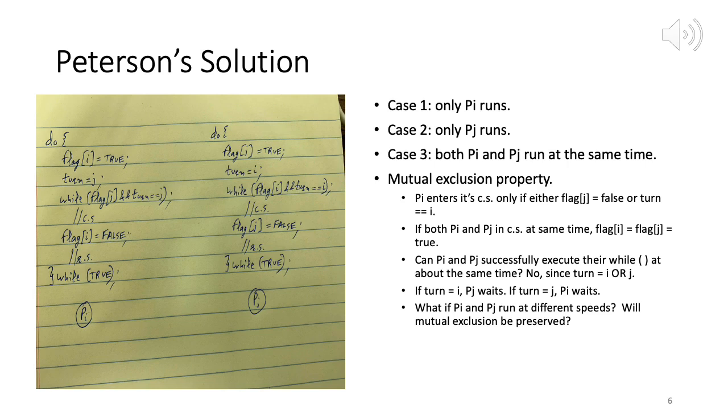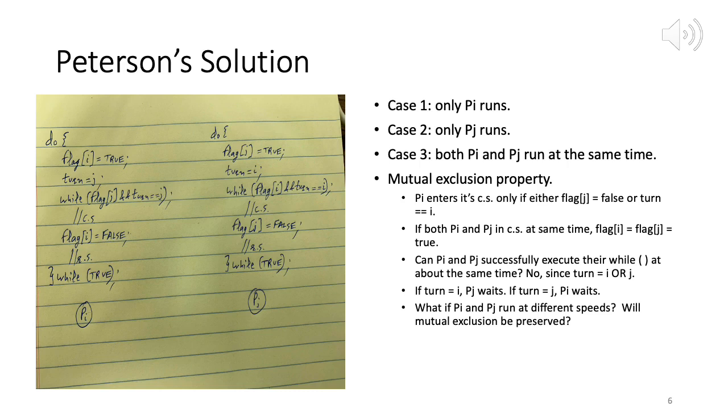So now let's look at some cases. First, let's look at the mutual exclusion property. What this simply states is that at any particular point in time t, both processes cannot be in their critical section. Either one of them can, either Pi or Pj, and of course it's possible that neither of them is.